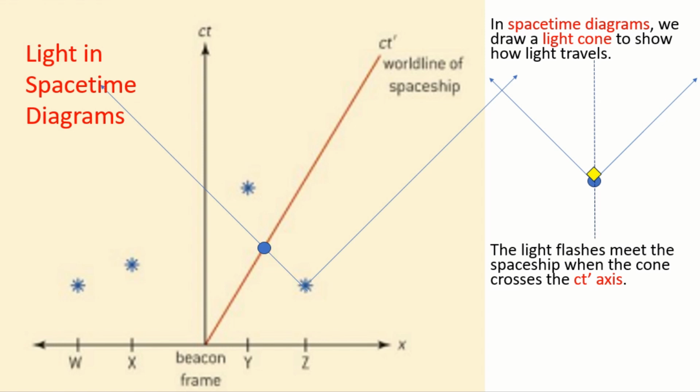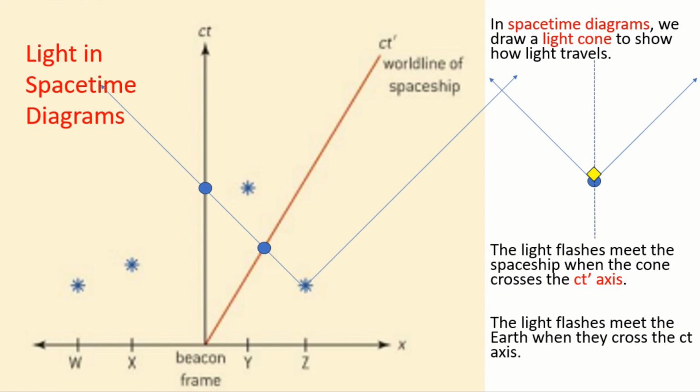I could also do the same from the point of view of the Earth, I simply have to find the point at which we cross the CT axis, not the CT primed axis. So this allows me to say at what point in time the light arrives from each of the lamps in each of the frames of reference.